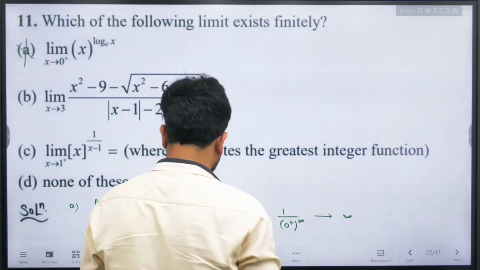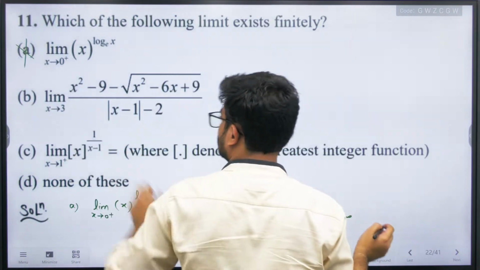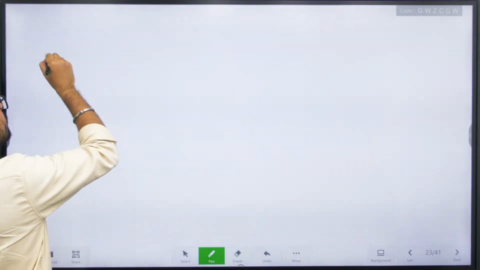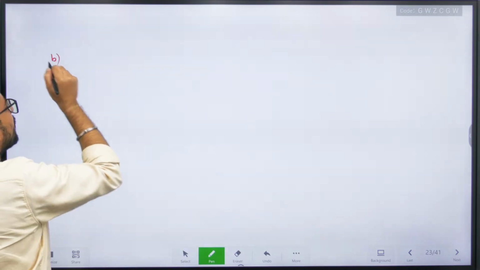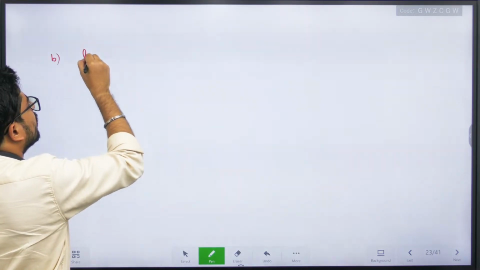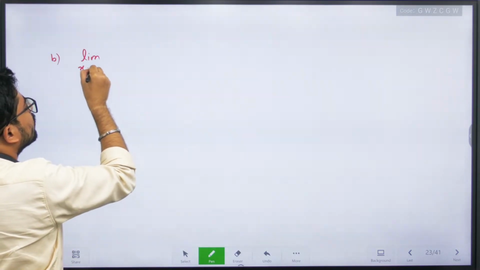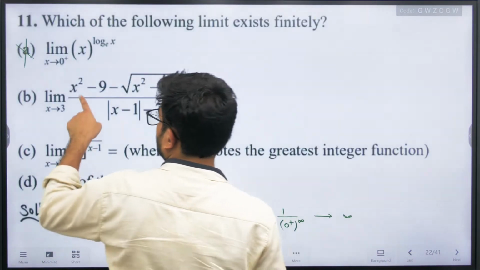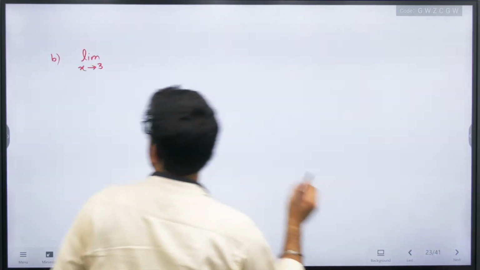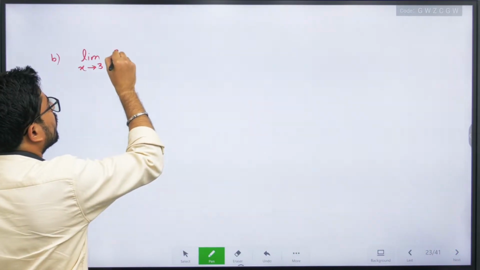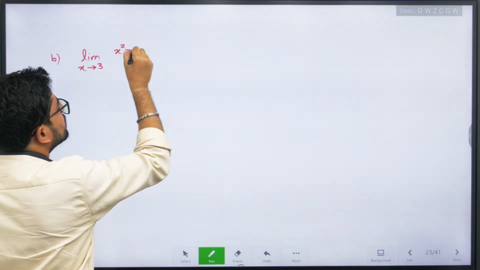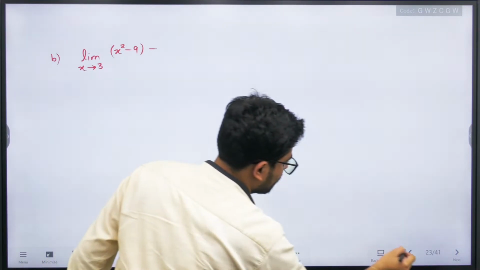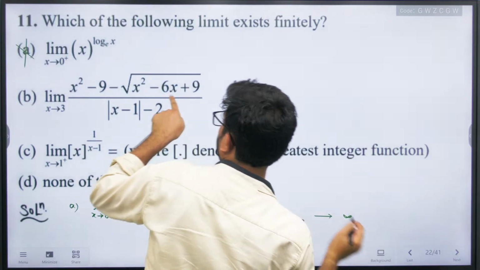So b is limit x tends to 3, x square minus 9 divided by under root x square minus 6x plus 9 minus mod x minus 1 minus 2.